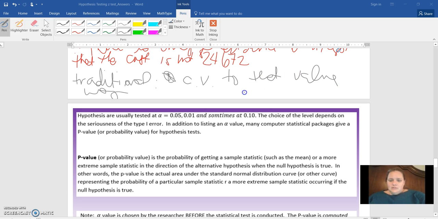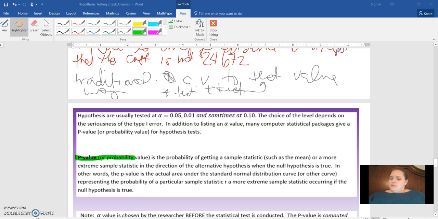All right, and that test value is either from the z-test or the t-test. All right, the p-value way, okay, by the way, p-value means probability value. That means what's the probability of that event happening.